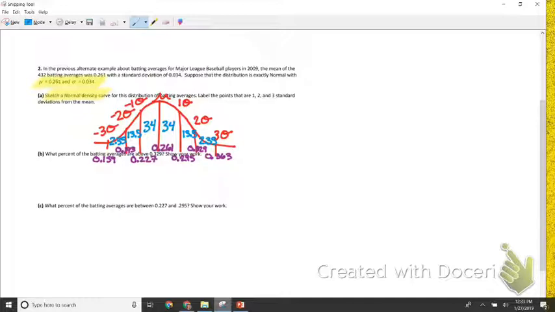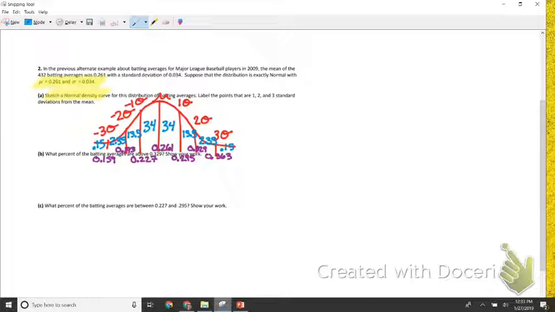And lastly, so far we've accounted for the middle 99.7% of the data. So if we subtract that from 100, there's only 0.3% left, half on the left, half on the right. So if we do 0.3 divided by 2, we get 0.15% of the data would be more than 3 standard deviations above the mean, and only 0.15% of the data would be more than 3 standard deviations below the mean.